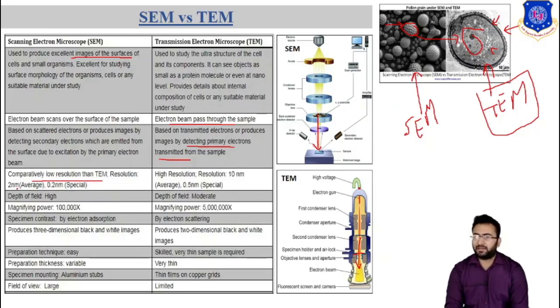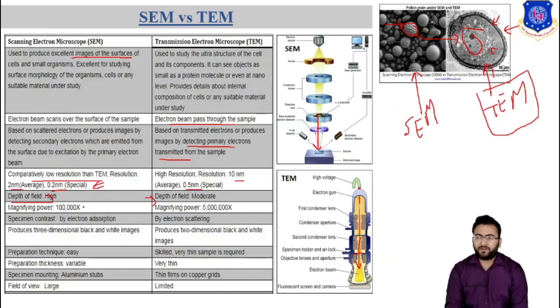Resolution in SEM is about 2 nanometer to 0.2 nanometer, whereas TEM gives high resolution, about 10 nanometer to 0.5 nanometer. For SEM the depth of field is high, whereas in TEM the depth of field is moderate.